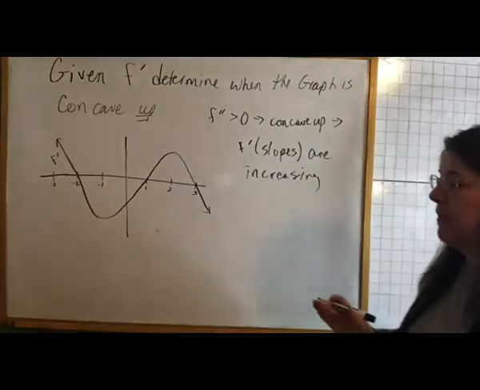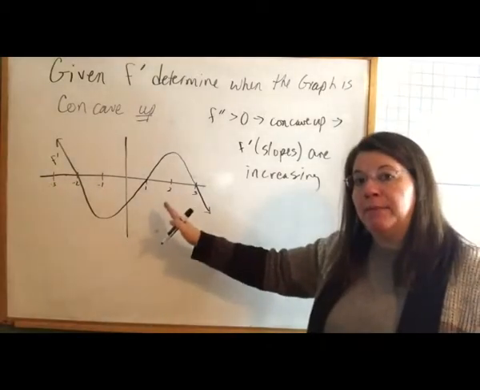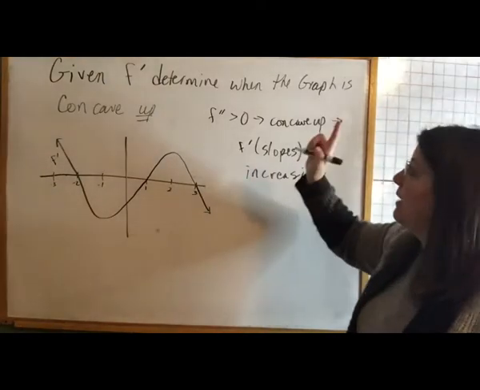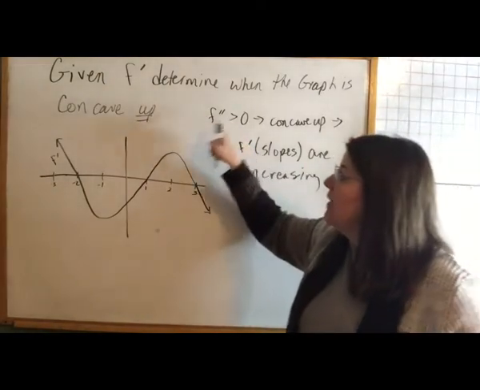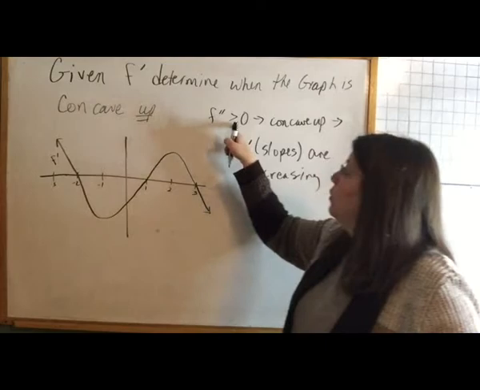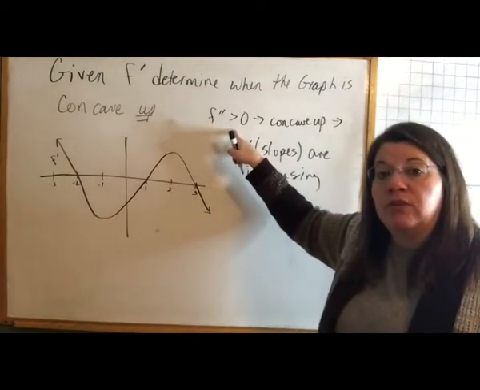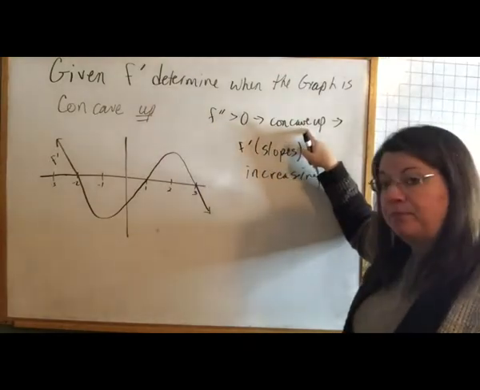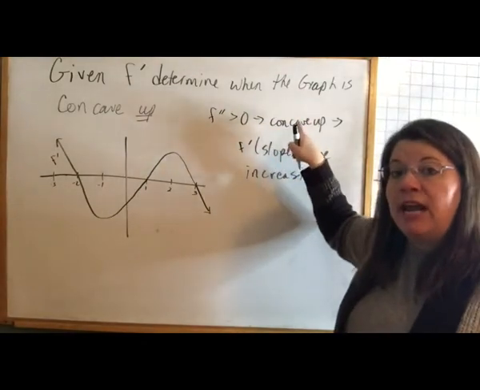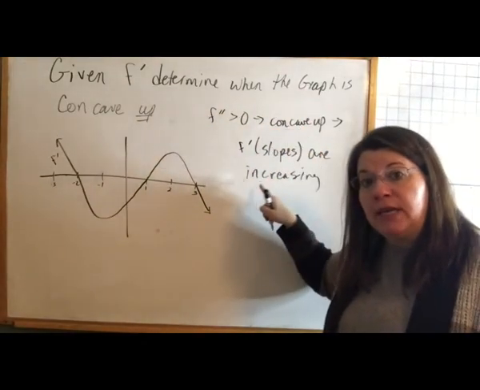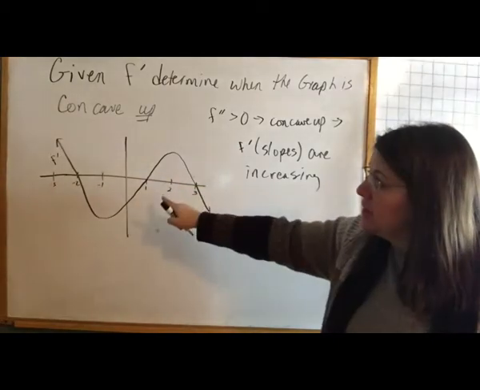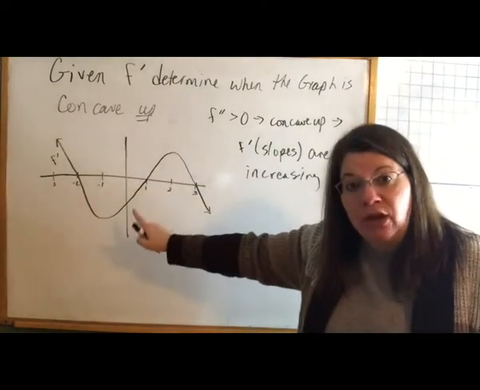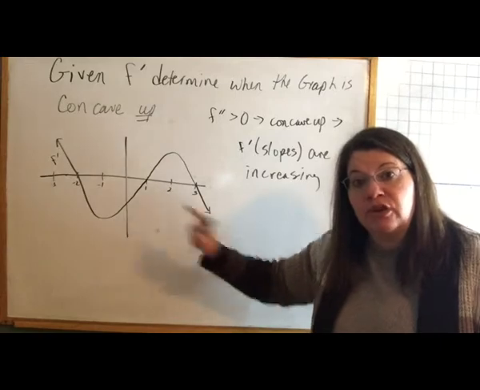Okay, now think about this. If this is f prime, and we know that f double prime is greater than 0 when it's concave up, and it's concave up when f prime is increasing, aren't they just asking us to look at this f prime graph and tell them when this function is increasing?